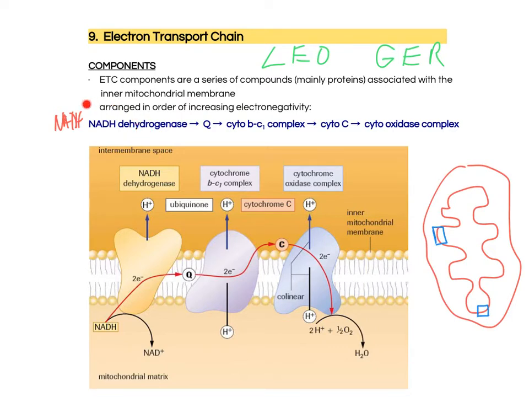So what's going to happen along this electron transport chain is we're going to shuffle that electron to increasingly more electronegative compounds. For instance, NADH dehydrogenase is able to oxidize NADH and grab its electron, but then it is quickly oxidized itself as that electron is shuffled along the line.